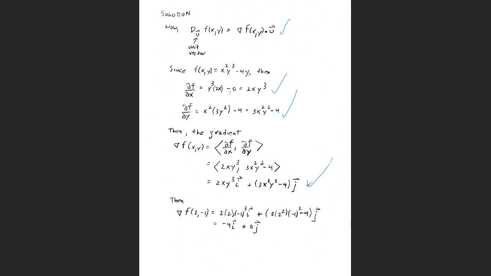Are there any questions coming up here to where the gradient vector is? Okay, good. Well, of course, now we're at the point (2, -1), so the gradient vector at (2, -1) would be computed as -4i plus 8j.